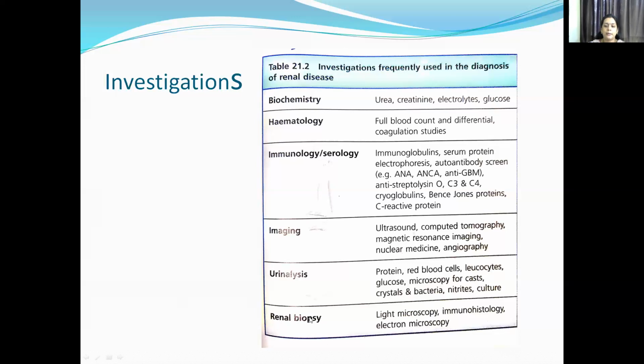Then coming to renal biopsy: light microscopy, immunohistology, and electron microscopy. See, the light microscopy will help you to know about the basic understanding. And the immunohistology, if you're doing immunohistochemistry or immunofluorescence, then you look at whether it is granular or linear, and how the fluorescence looks. For example, anti-GBM disease.